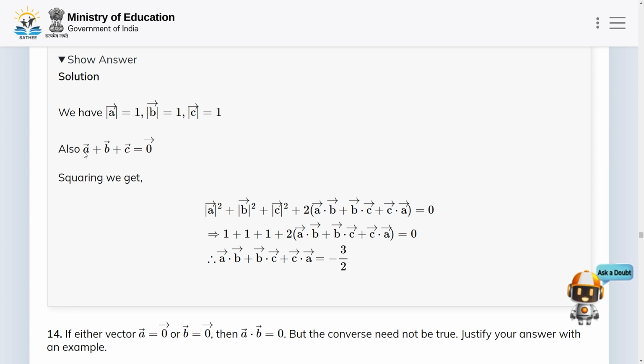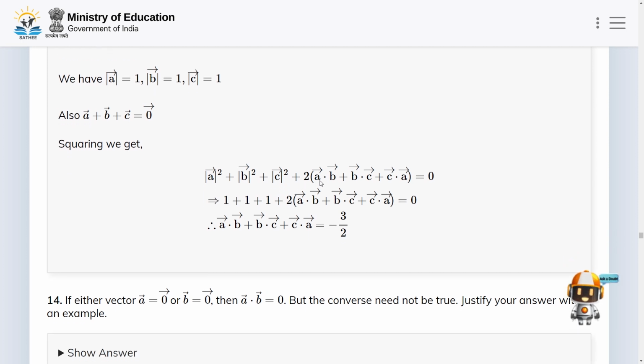You will have A plus B plus C dot product with A plus B plus C. This gives you the square of magnitude of A plus the square of magnitude of B plus the square of magnitude of C plus 2 times the dot product of AB plus BC plus CA is equal to 0. What we did?